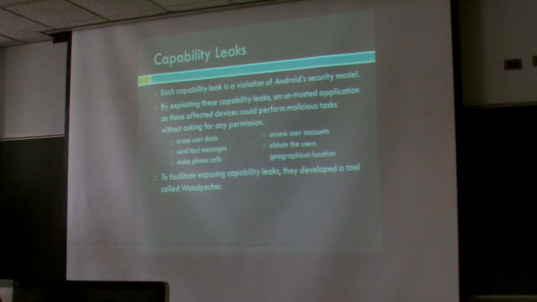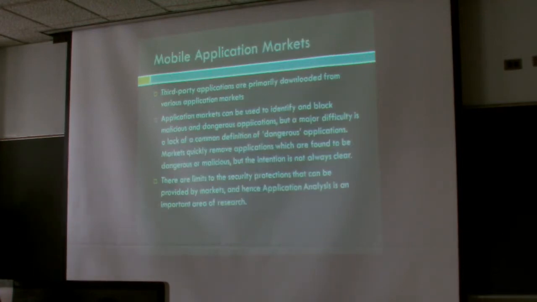Each capability may be essentially a violation of Android security. Applications could do things such as erase user data, send text messages, make phone calls, access user accounts, or obtain geographical location without ever requesting permission.